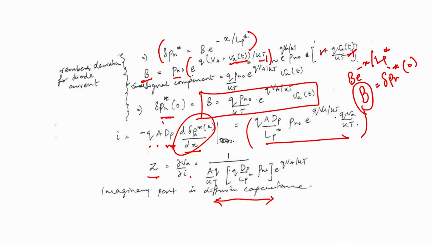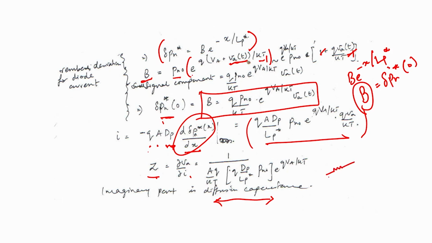Okay, the key message here is it's because of the fluctuations in the injected minority carriers, which is quite significant in forward bias, and therefore, the diffusion capacitance is quite important when you are talking about a PN junction in forward bias. So, therefore, to summarize, the PN junction in forward bias has got different terms.